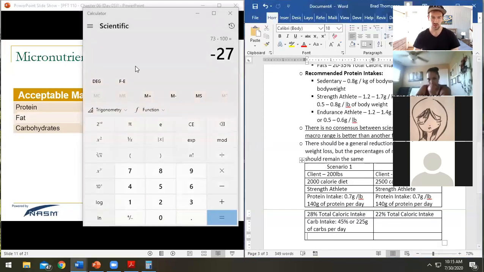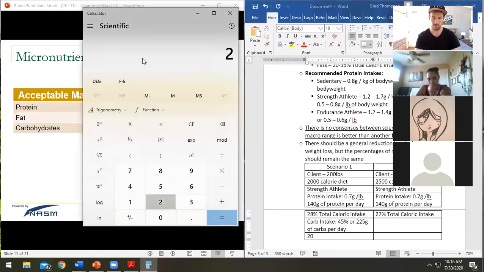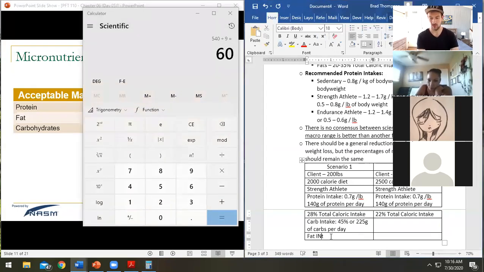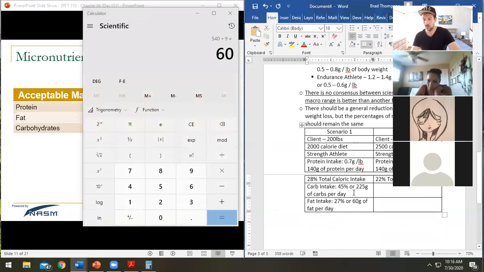So now 2,000 times 0.27, 540 calories from fat. We know there's 9 calories in every gram of fat, so we divide that by 9. That's 60 grams per day. There we go. And that's how we figured out scenario 1.